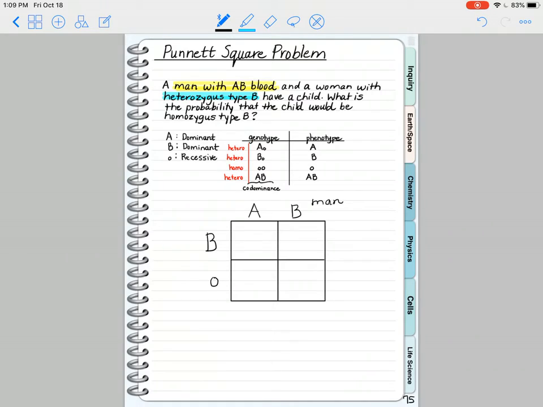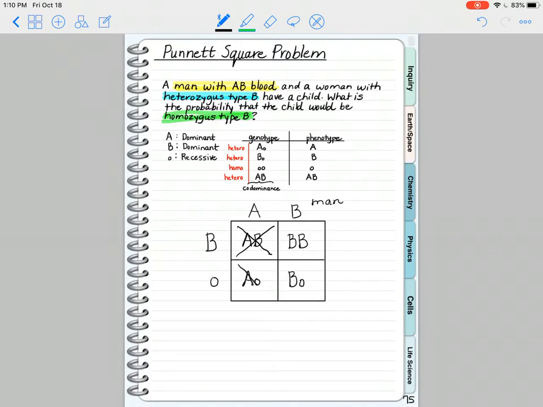So then we do our crossing. We're going to say here is A, B, here is B, B, here is A, O, and here is B, O. And our question says, what is the probability, what is the chance that the child would be homozygous type B? Okay, so let's look here. This one is not B. That one is AB. They're codominant AB.